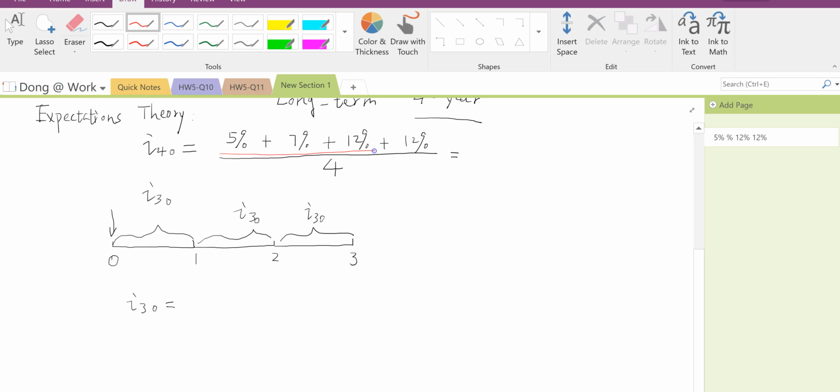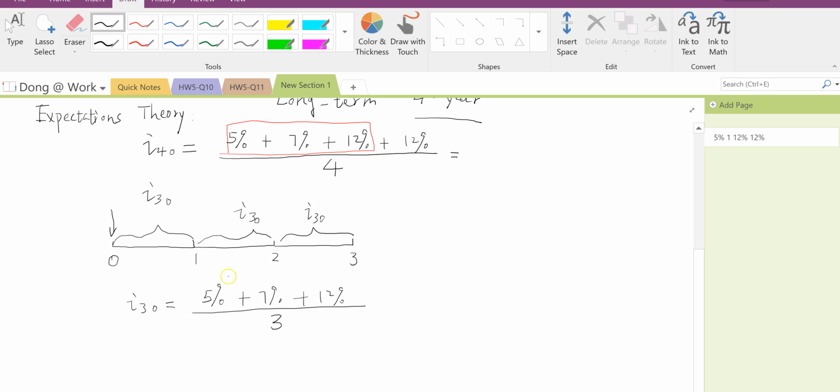So I3. That's an average of the first 3 interest rates. So that's 5% plus 7% plus 12% and divided by 3, because now we only have 3 interest rates. So then you see what's going on here.